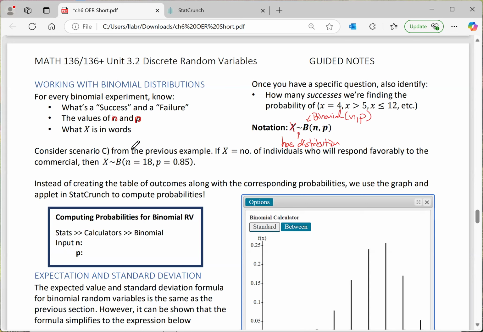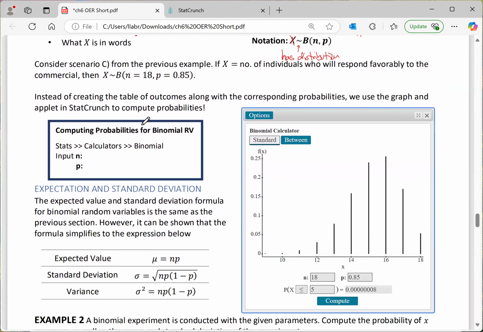From the example where we said the number of people who respond favorably to a commercial, there was n and p. We go ahead and use StatCrunch. We go to stats, calculators, binomial, and we input n and p. Doing so produces the distribution as a graph of this random variable. On the x-axis, we have the possible values, and on the y-axis, we have the corresponding probability.